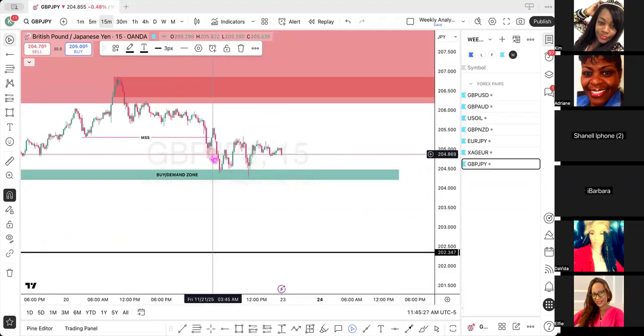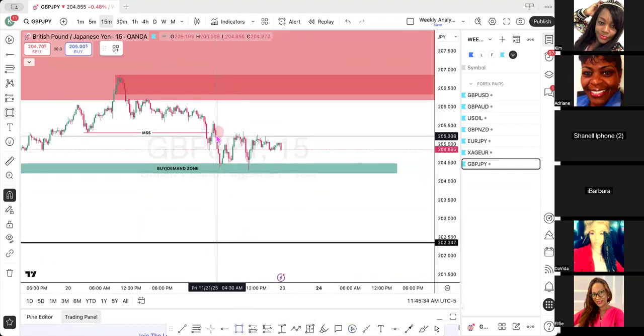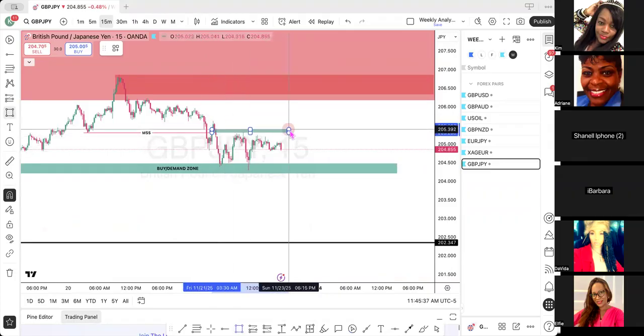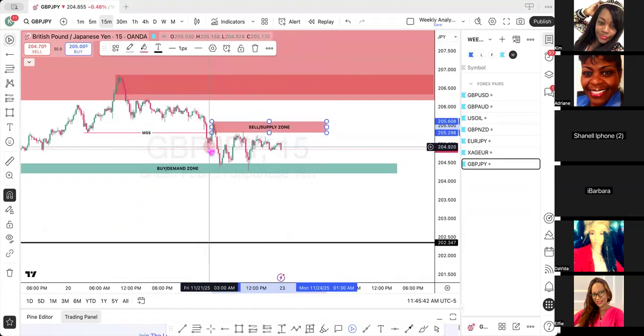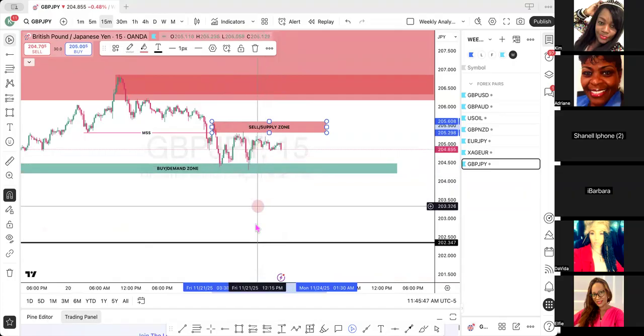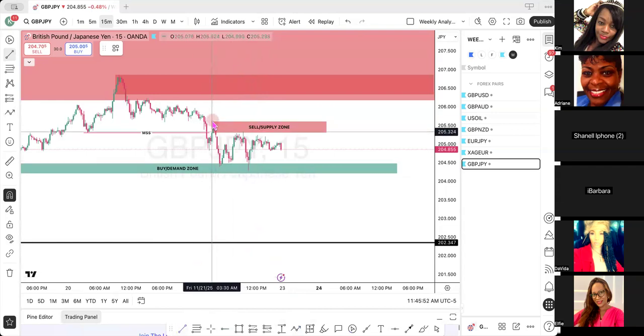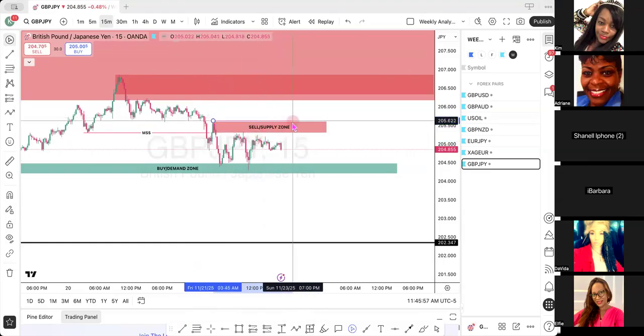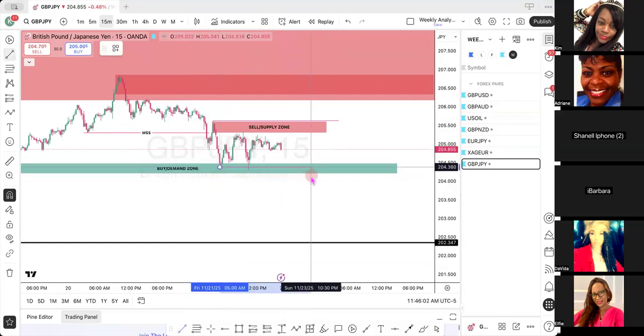And if I go to the 15 minute, I'm currently in this 15-minute bearish structure here. So either price is going to have to create some more structure, because this right here is my 15-minute swing high and this is my 15-minute swing low.